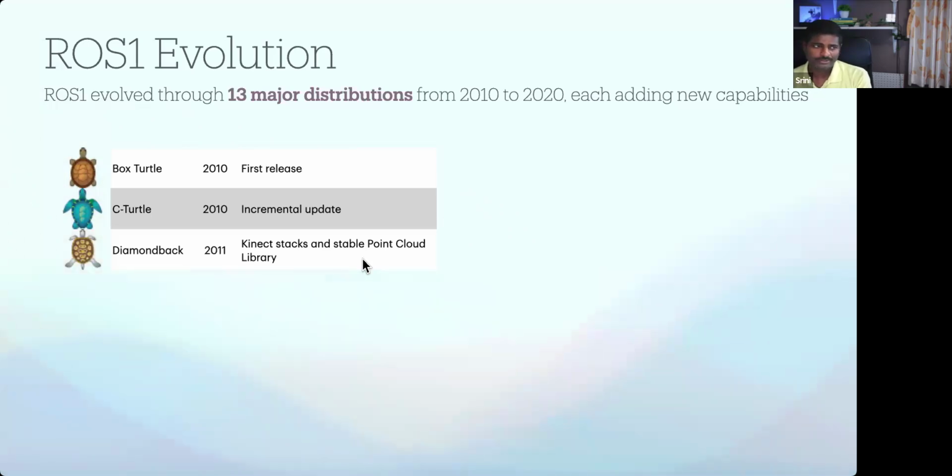Around that time you would have spent at least $5,000 to $10,000 to get a sensor that produces clean point clouds, and the Kinect sensor was just a $150 sensor. So that was a huge explosion in point cloud data, and ROS integrated the Kinect sensor drivers and the infrastructure around that time.